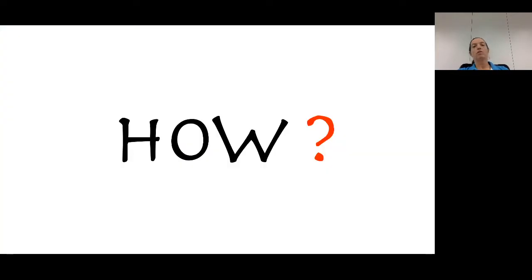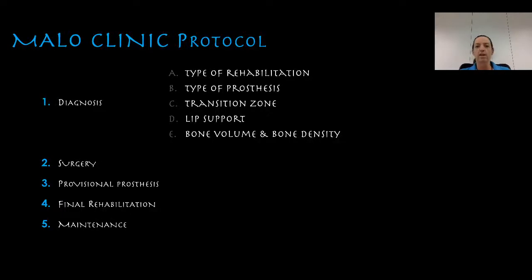So now the question that is very important to you is, how do I do this? How do we go with the Malo Clinic protocol? How does it work? The first thing that we have to ask ourselves is that in the Malo Clinic protocol, we have a first phase that is very important in terms of diagnosis.